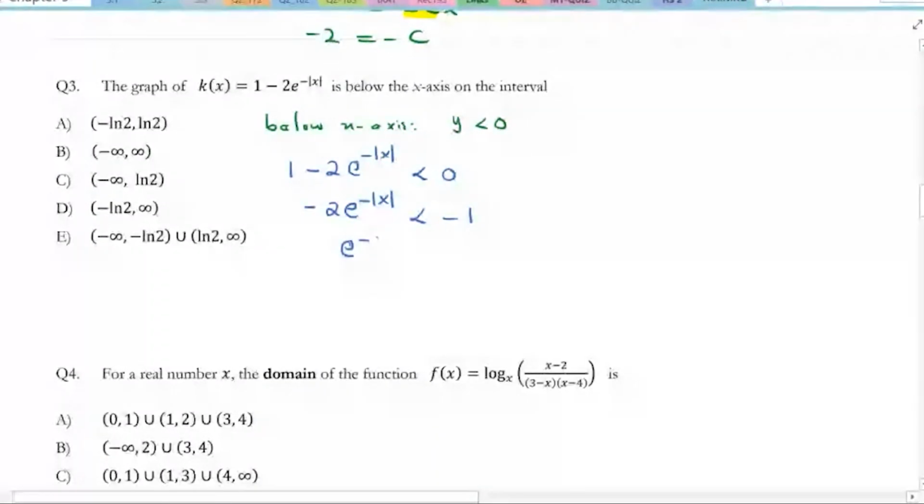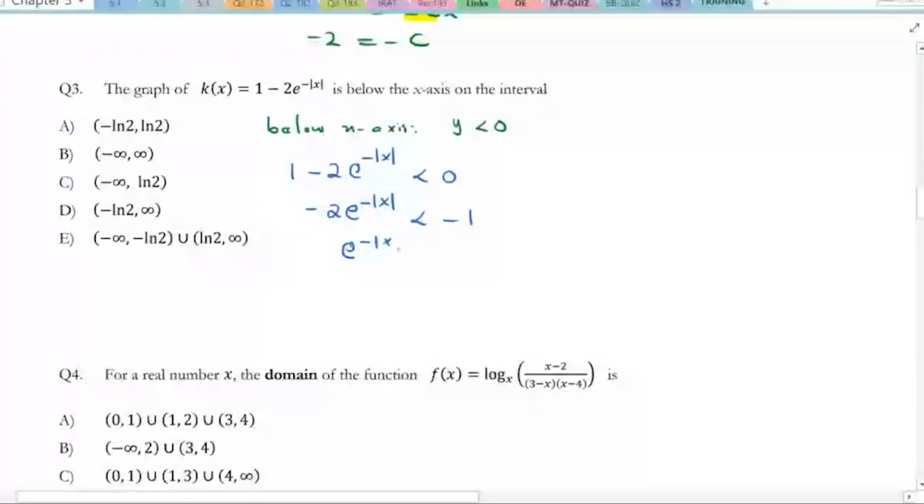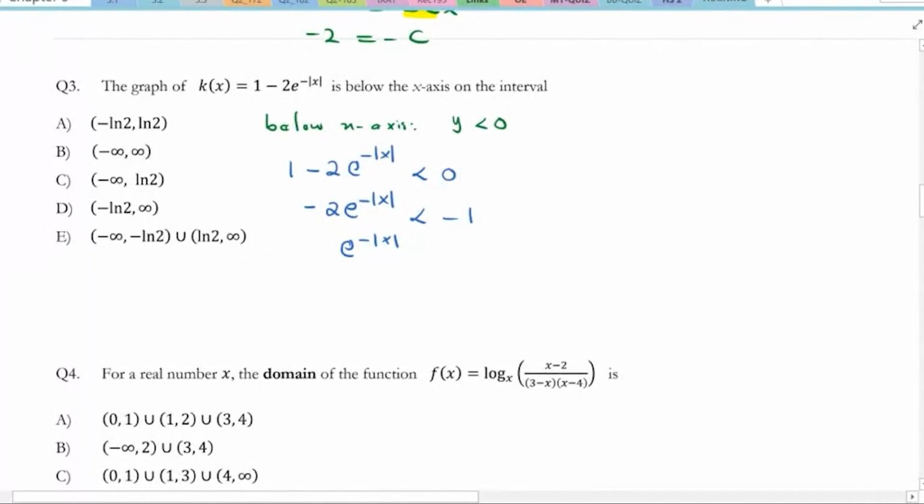So we have e to the power of minus absolute value of x less than 1 over 2. Is it going to be less than now? No, because when you divide both sides by minus 2, we are going to change the sign of the inequality to greater than, if you remember. So now, let us take the ln of both sides.